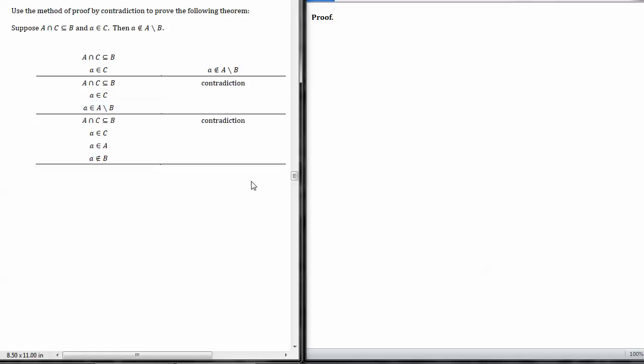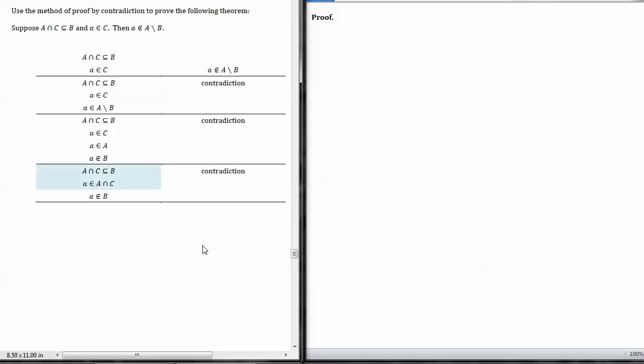Okay, so bring everything else down again. And now, if A is in C and A is in A, then it's going to be in A intersect C by definition of intersection. So we have that, and bring everything else down. And now if A is in there, then by definition of a subset, A would also have to be in capital B. Let me not bother to write out the definition of a subset.